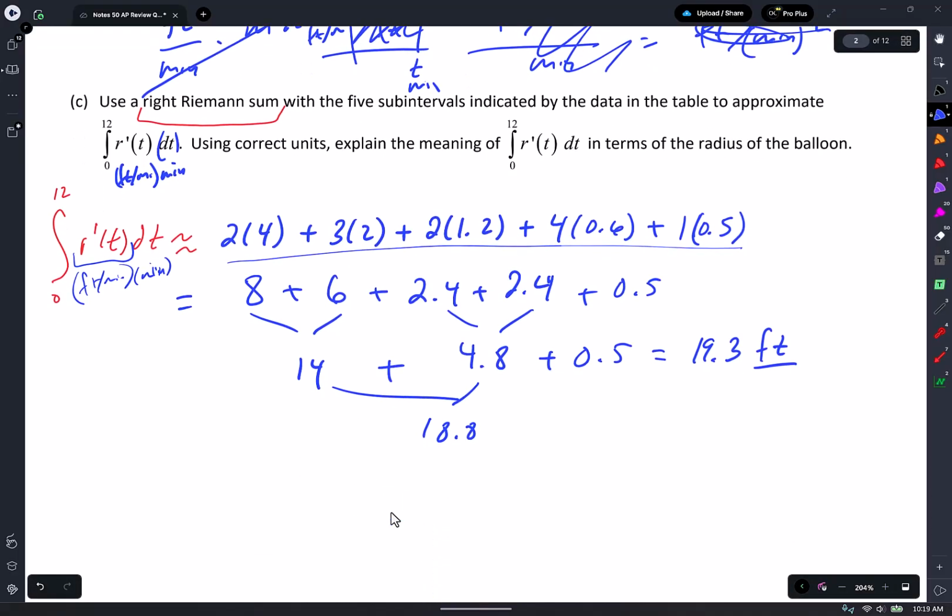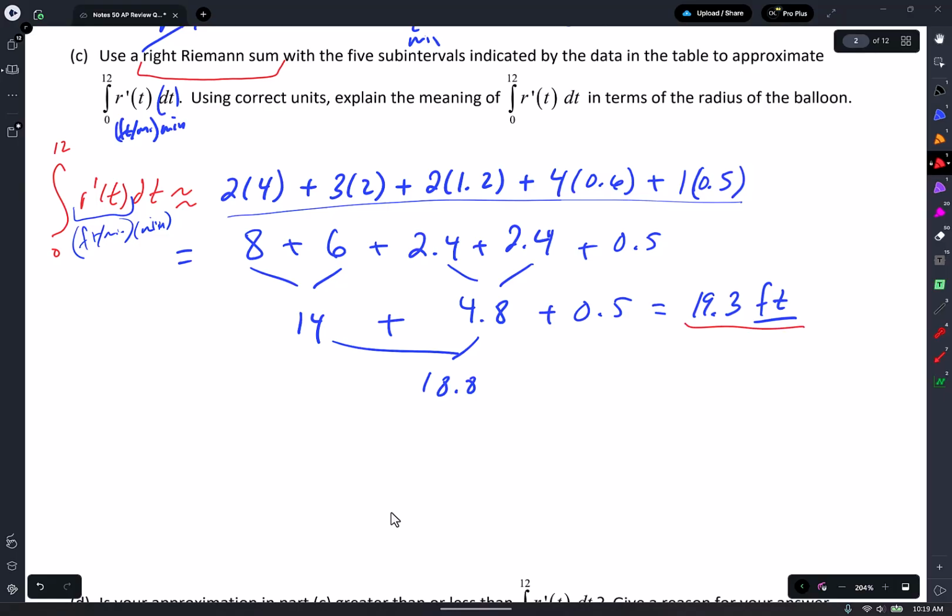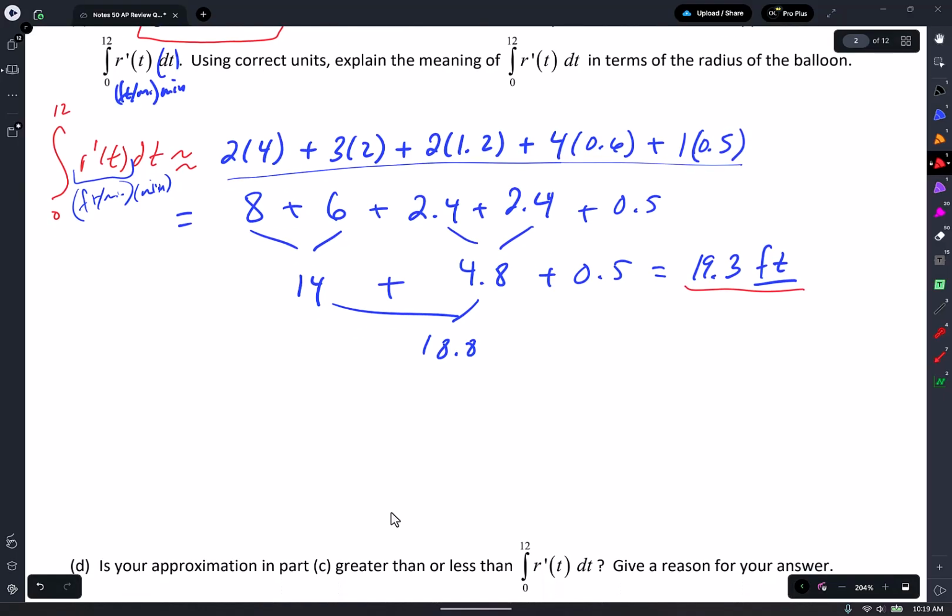All right, now we're going to answer the second question. Explain the meaning of the integral from 0 to 12 of r prime of t dt in terms of the radius of the balloon. What does that 19.3 feet mean? It's a hot air balloon. What does it mean? Not how big the balloon is, but how much the radius has increased or grown.